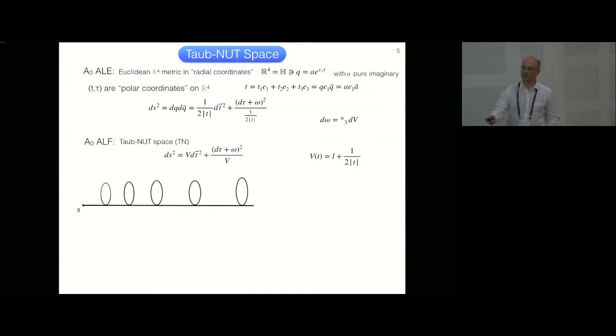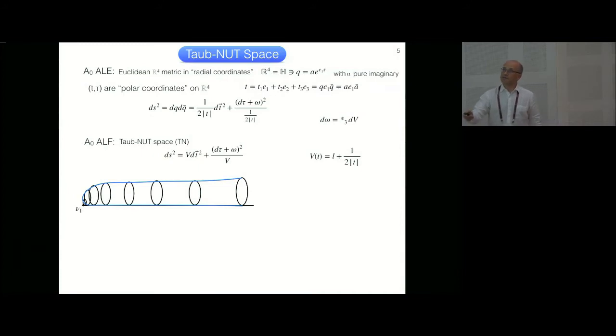As I mentioned, if you go to infinity, the size of that circle stabilizes. But if you approach the origin, V goes to infinity, so 1 over square root of V goes to 0, and the size of that circle shrinks to 0. So as a result, you get this sort of cigar shape, and that's for a single Taub-NUT space.